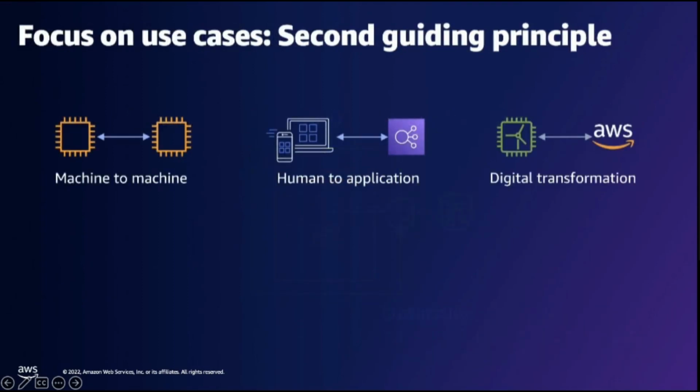Now, the second guiding principle is that when you're thinking about zero trust, you have to start by looking at the use cases that you're working with. What you see on the slide is some of the common use cases that we find in organizations. You have machine-to-machine use cases, where an example would be microservices talking to each other or talking to an API.